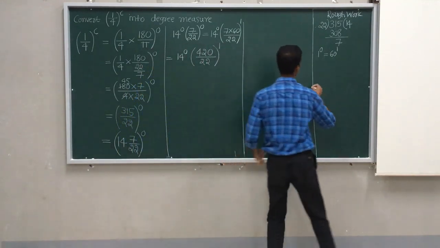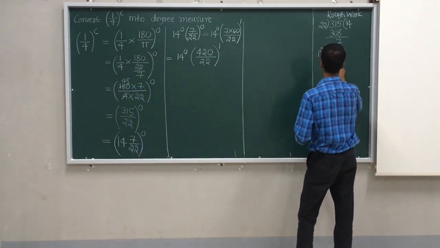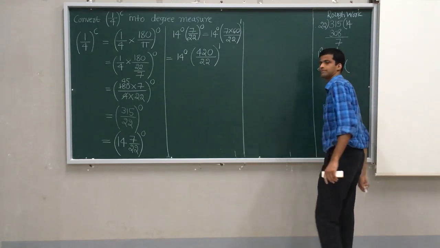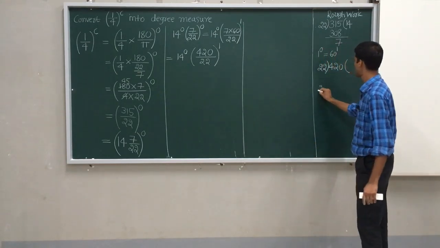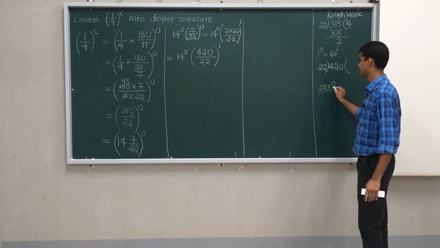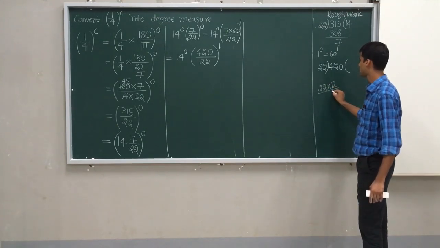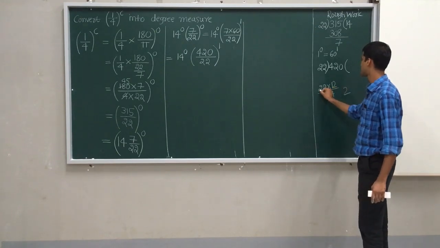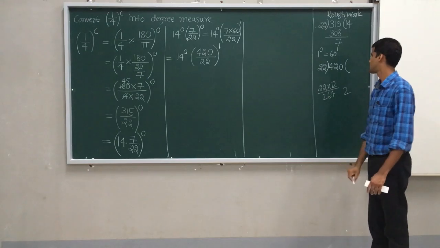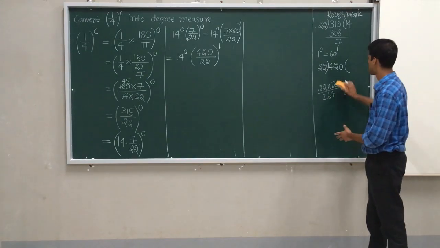Now I want the calculation 420 upon 22. Just to check: if you take 22 twelves, 12 twos are 24 plus 2, 26. You need a bit larger one.